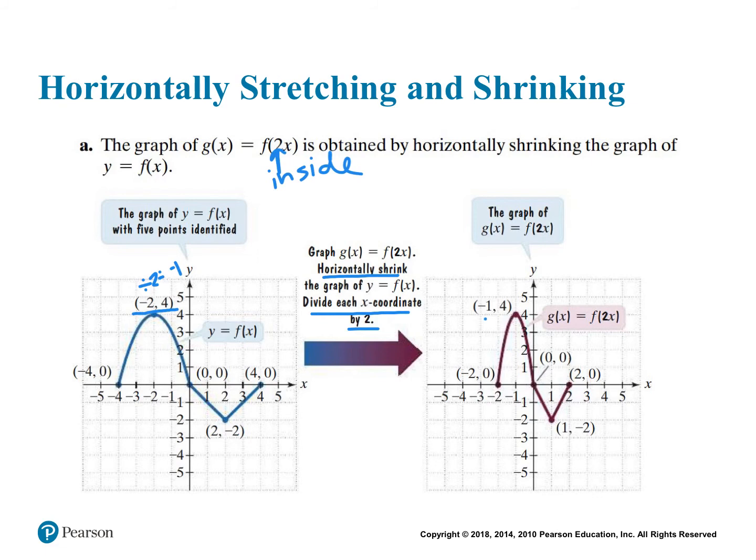So that's where they got this -1. If I look at 4, 0, if I divide the x by 2, I get 2, which is where they got this. So you can see it got shrunk. It was a pretty wide blue graph, and now it's a smaller purple graph.